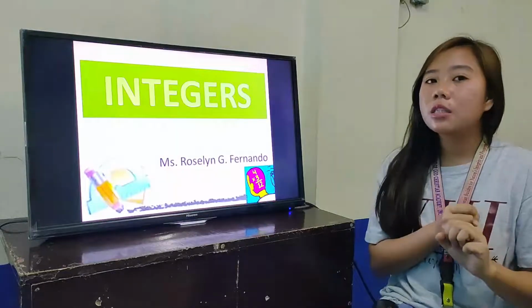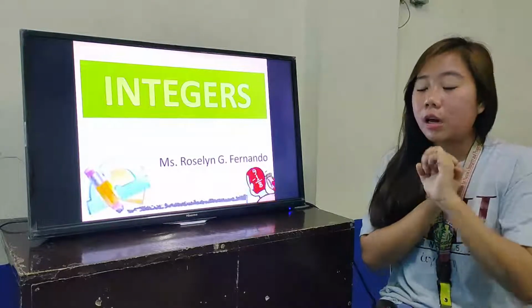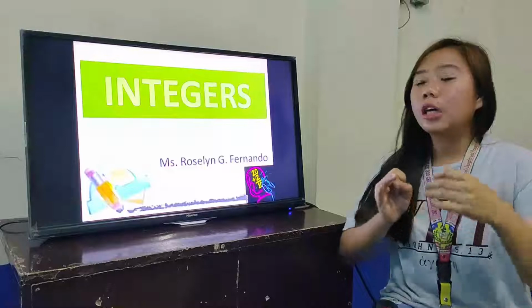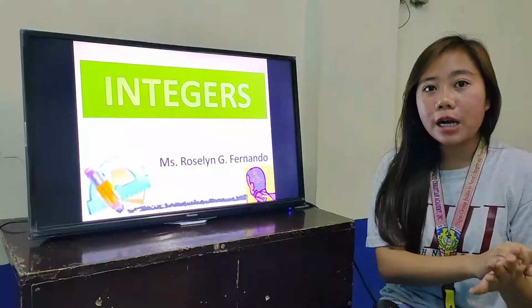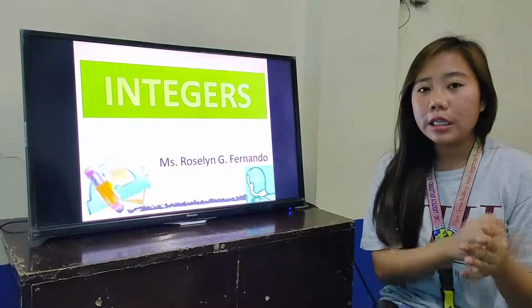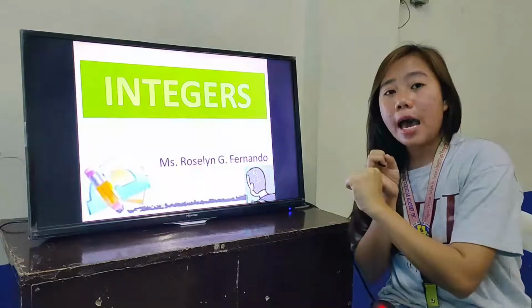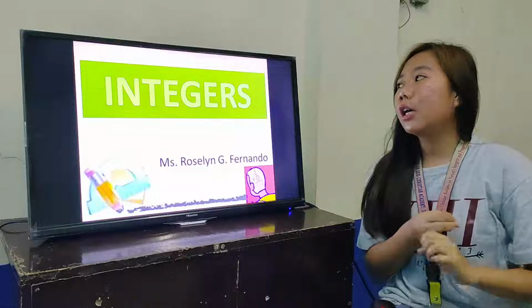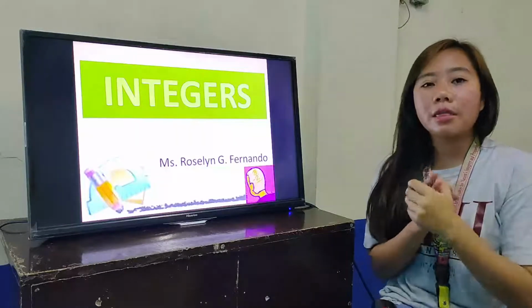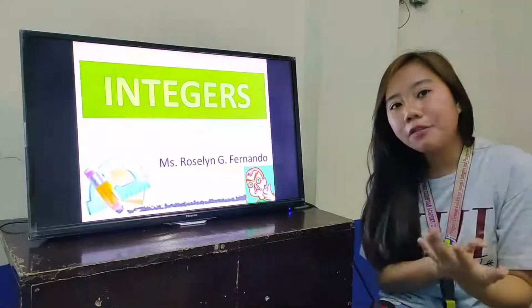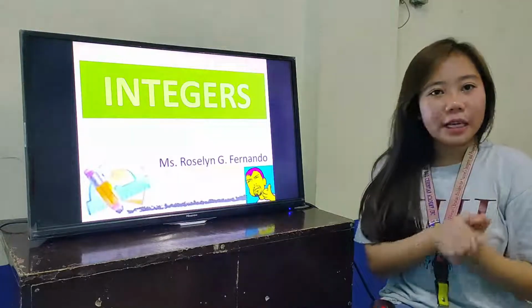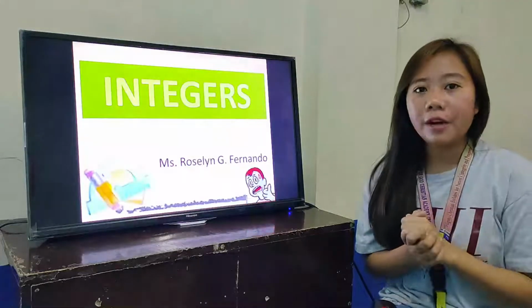The next step is to change the subtracting symbol into an addition symbol. The third step is to get the opposite of the second integer. If it is negative 2, then the opposite of negative 2 is positive 2.